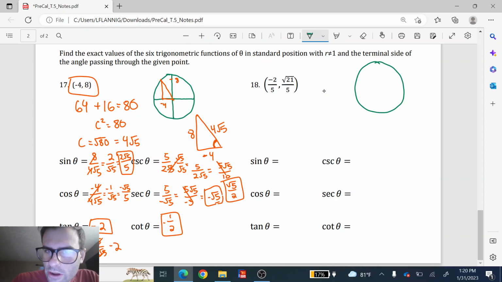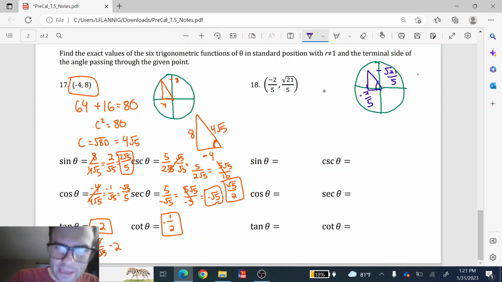And then I can know that the x is negative 2 over 5, and the y is the square root of 21 over 5. When you draw that, this is the angle that's created.